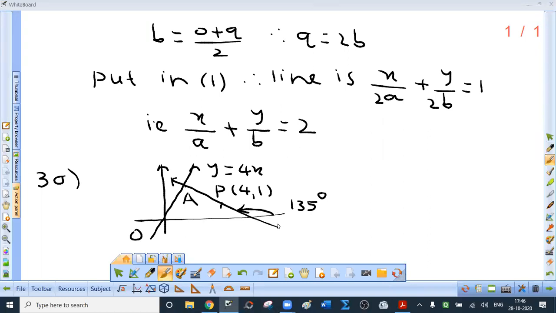So we will obtain the equation of the line which makes an inclination of 135 degrees and passes through (4, 1). Then we will solve these two equations, y equal to 4x and the equation of this line, so that we get the point A. So distance AP is the required distance.